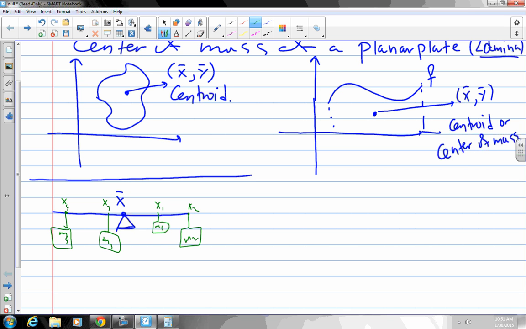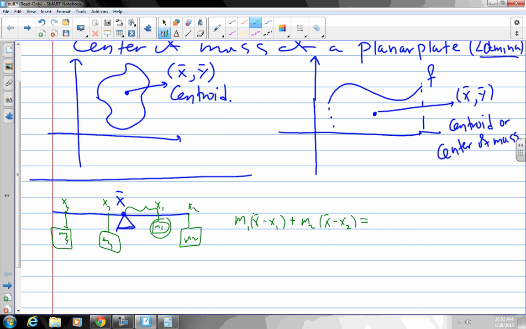So again, the products of the distances and the masses will give me the location of that balancing point. So in this case, I'll have to take a product of m1 and the distance from x bar to x1 plus m2 and the distance from x bar to x2.